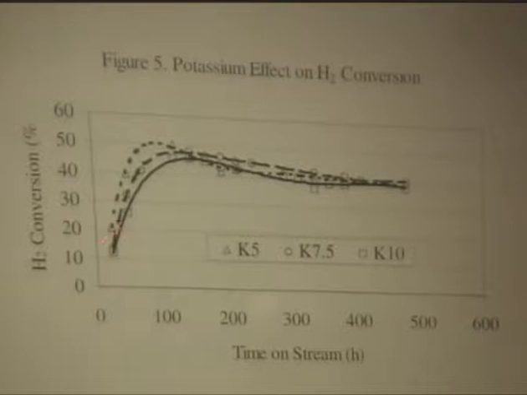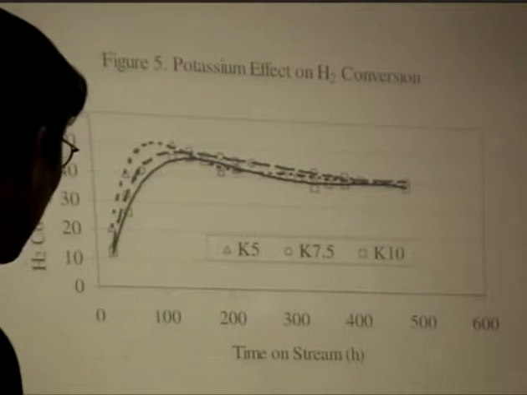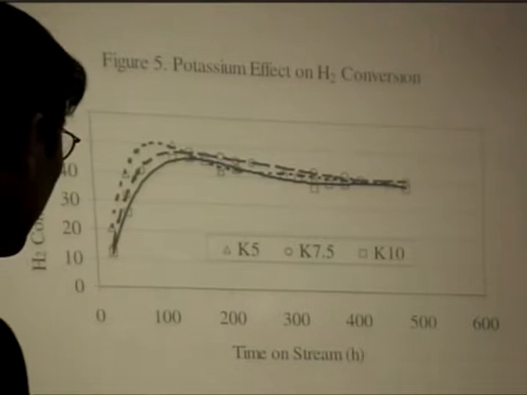But as the potassium content increased, the induction period increased from around 80 hours to 100 hours and to 120 hours here. So we can say the higher the potassium content, the longer the induction period.